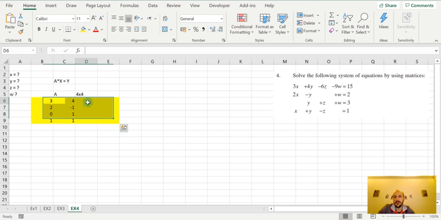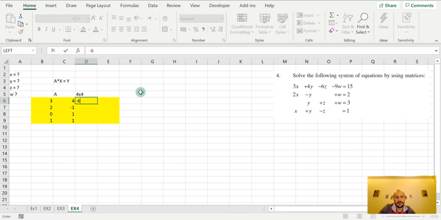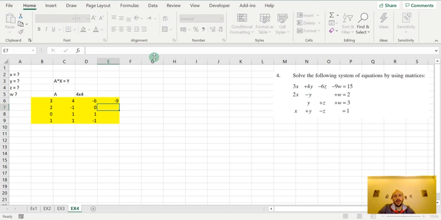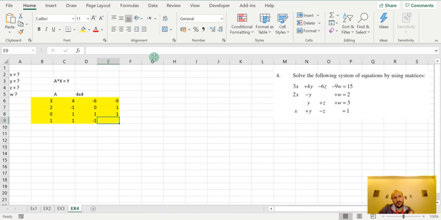We now have the third one, which is minus 6, 0, 1 and minus 1, 0, 1 and minus 1, and the last one here minus 9, 1, 1 and 0. It's important to put a 0 and not leave it blank, since we don't have a w, meaning w was multiplied by 0. So here is our first matrix.